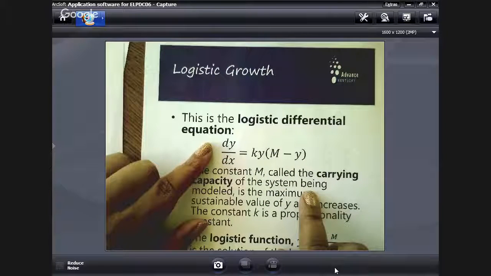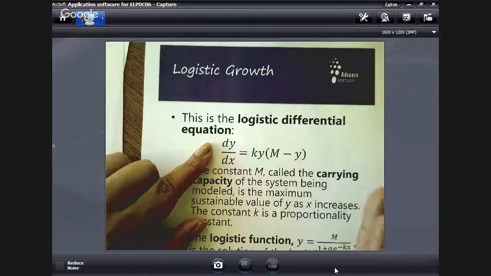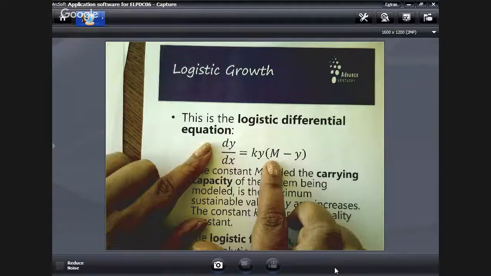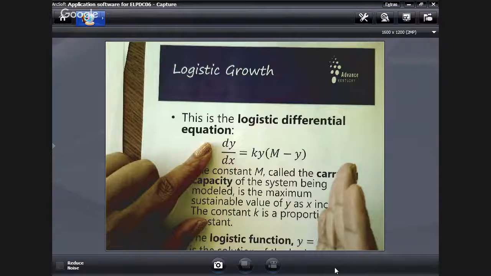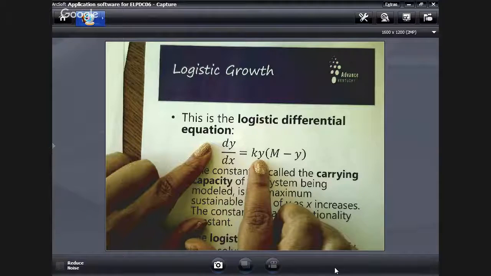You may have to factor or multiply something to get it in the form you want, a constant times y times (m minus y). A good way to remember this is that it is a factored quadratic with y equals 0 as one of the roots.